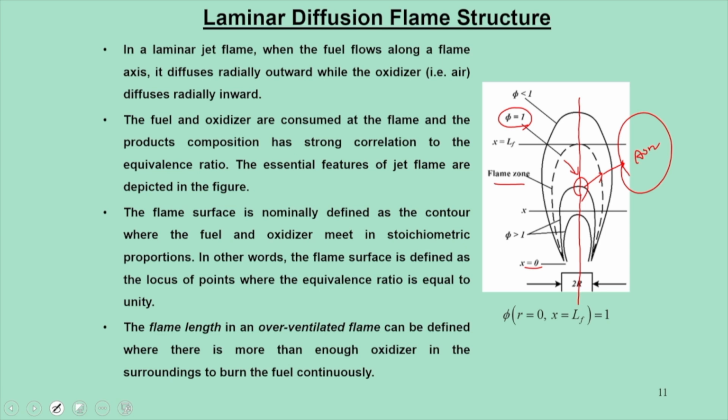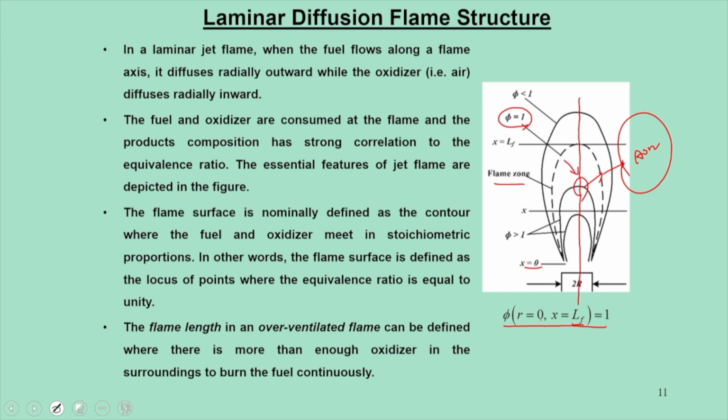So this is one kind of flame structure that evolves out of a jet, and we try to model it in this manner. The flame structure which is defined, in particular we say laminar flame structure, is phi at r equal to 0, x equal to Lf. That means this is the flame length.